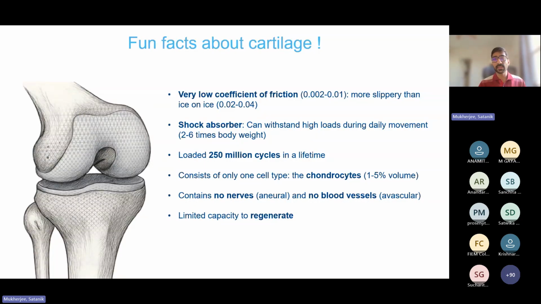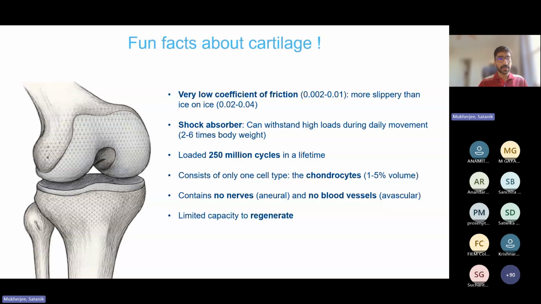And that's why solving cartilage degeneration is a very difficult case as compared to, say, your bone, which, if you have a fracture, heals very easily in most cases without even leaving a scar. But cartilage does not heal because it's avascular in nature.